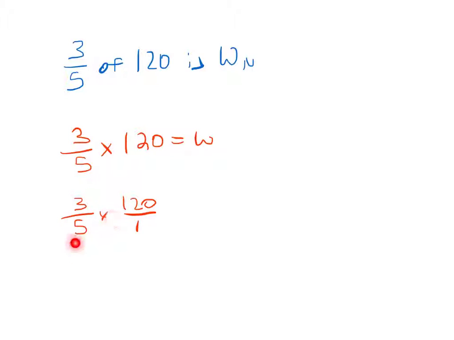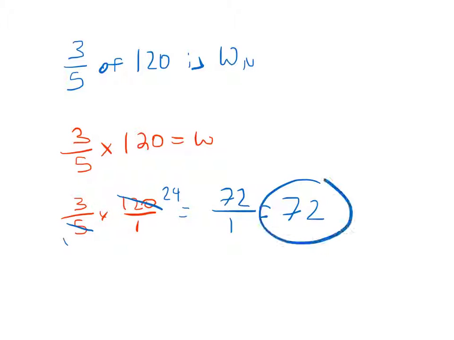3/5 times 120 over 1. And now I look diagonally here, and I see 5 goes into 120. I can divide both of them by 5. So cancel the 5 and make it a 1. And 120 divided by 5 is 24. So now I have 24 times 3, and that'll be 72. 1 times 1 is 1.